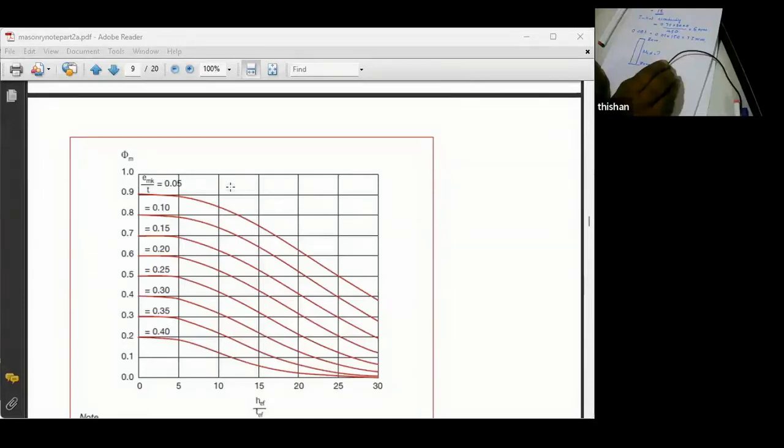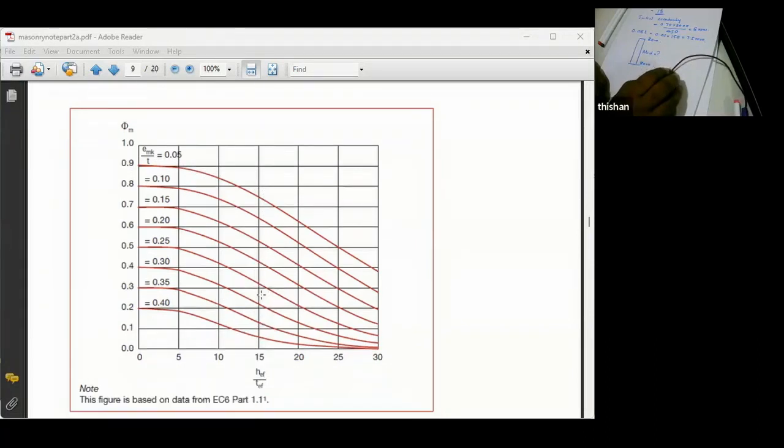It's 5 millimeters. So we have to go on the basis of this chart, which is applicable to 0.05 eccentricity. If you go by that chart, as the height increases, the slenderness effects grow, and when the HEF over TEF ratio is 15, the corresponding value is 0.75.